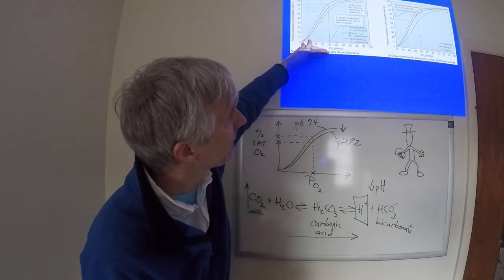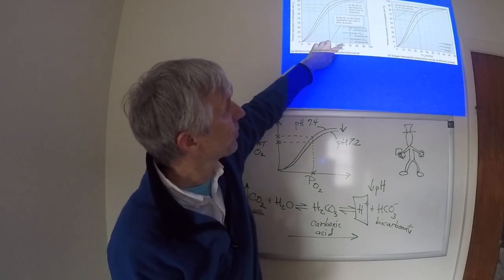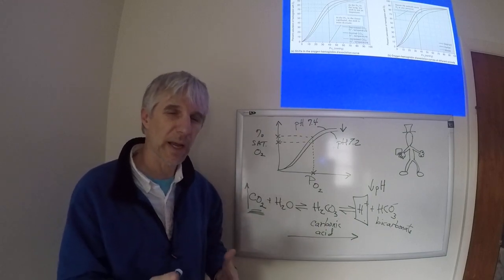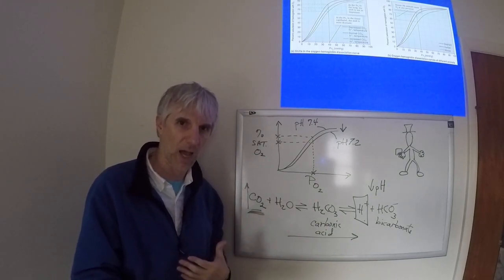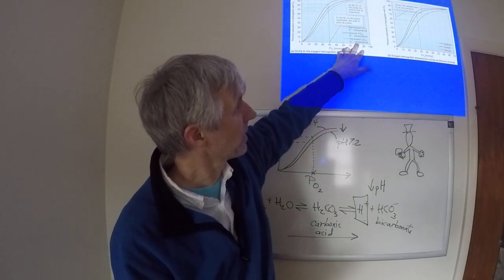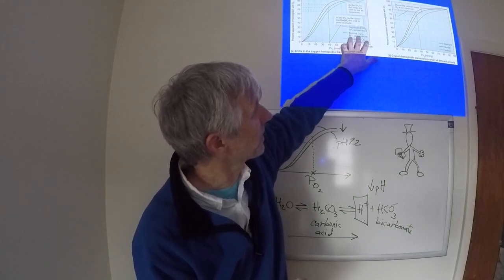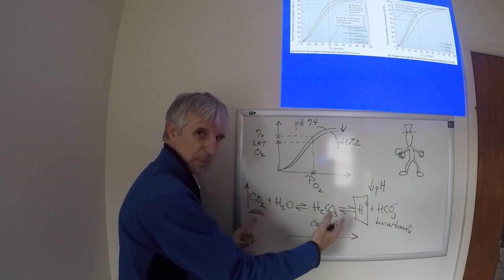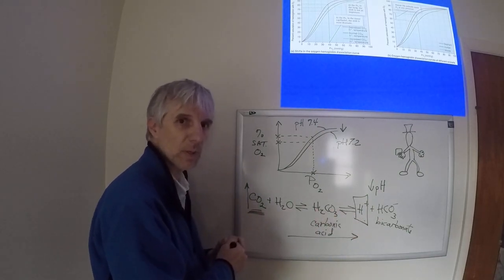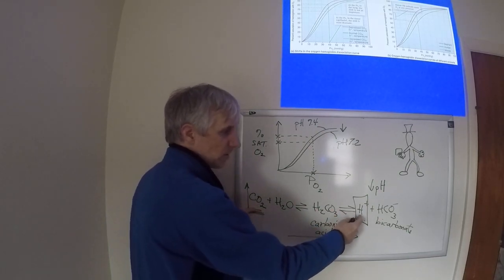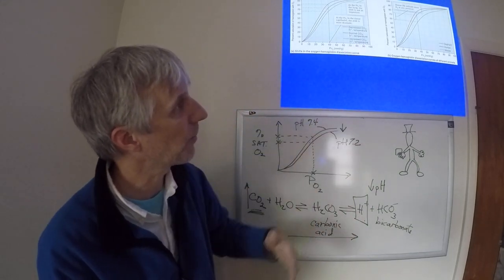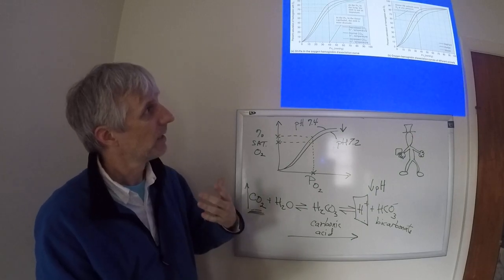A decrease in pH would be an increase in hydrogen ions, which leads to decreased binding affinity of hemoglobin for oxygen. But notice also that in addition to CO2 and hydrogen ions, which I would argue are the same effect given this dynamic equilibrium, an increase in CO2 leads to an increase in hydrogen ions. They're also showing temperature here as well.